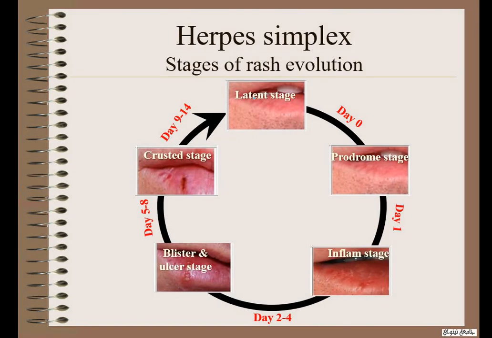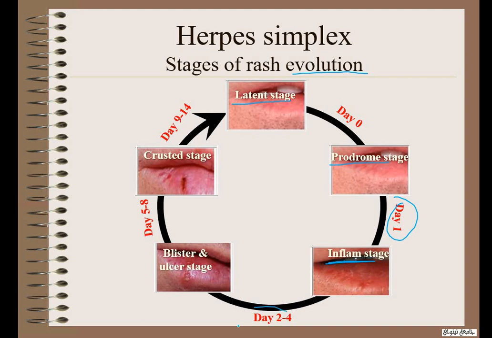This slide shows the stages of rash evolution in herpes simplex. From the latent phase, on day 0, the patient will start to complain of the prodromal stage, in which he feels a tingling sensation. On day 1, the area becomes inflamed.